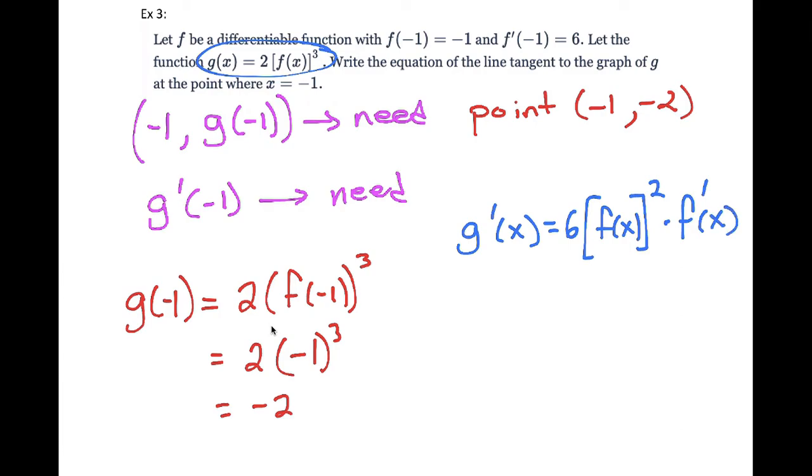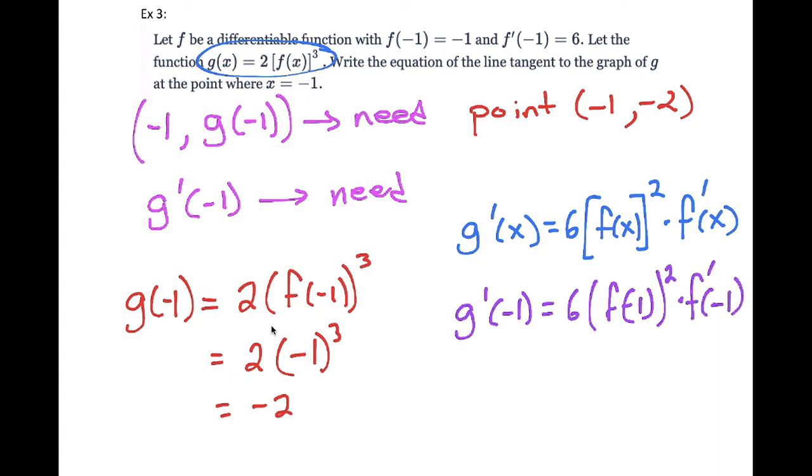So now I need to use the values that I have again in here. If I'm looking for g prime of negative 1, that would be 6 times f of negative 1 squared times f prime of negative 1.